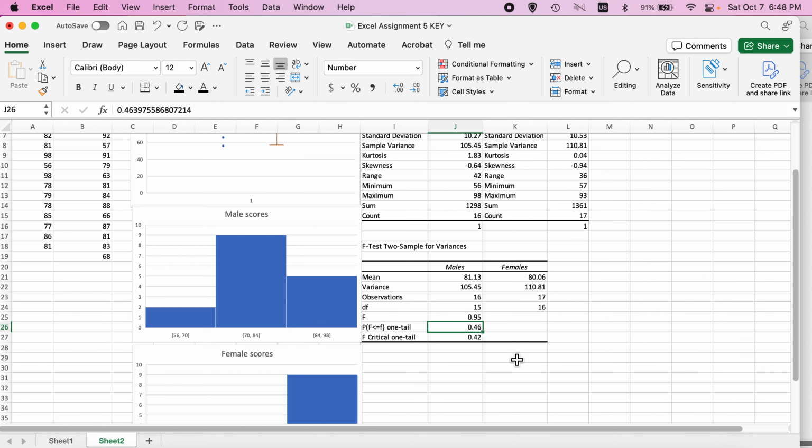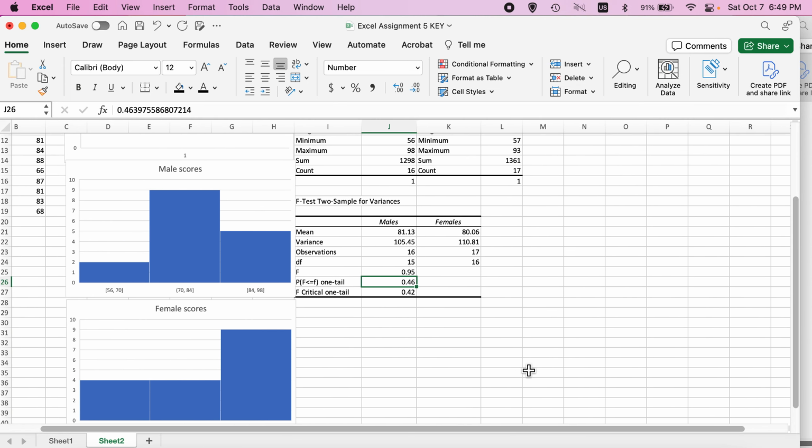Null hypothesis, there's no difference. The alternative hypothesis, there is a difference. So if this was significant, we would say there's a difference in these variances, and that violates that assumption. But because it's non-significant, it's greater than 0.05, we can say there's not a difference between these two numbers based on the information.